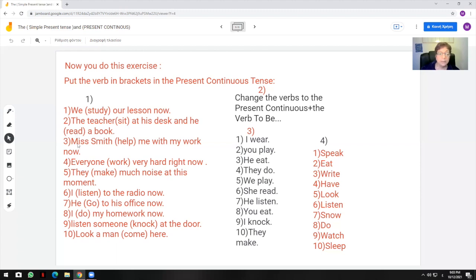Number 3, Miss Smith help يعني بتساعد me with my work now. Miss Smith help بتساعدني with my work now بالعمل بتاعي دلوقتي. 4, everyone كل واحد كلنا everyone work is the verb.